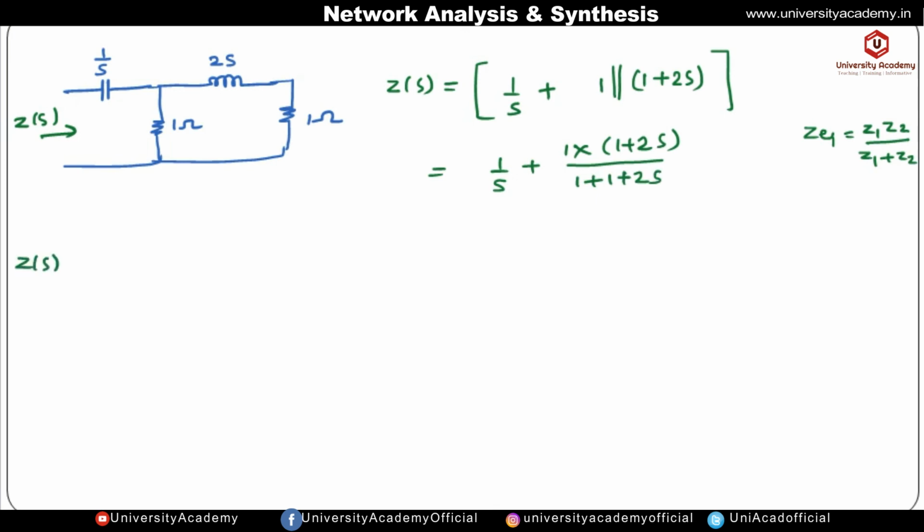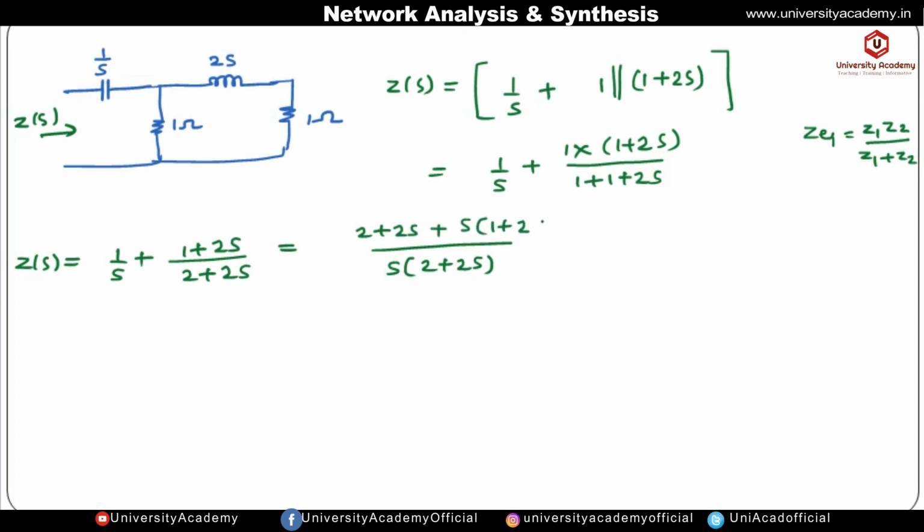From here we are getting Z of S as 1 by S plus 1 plus 2s divided by 2 plus 2s. Now let us take the LCM as S into 2 plus 2 into S, so it will be 2 plus 2s plus S into 1 plus 2 into S.